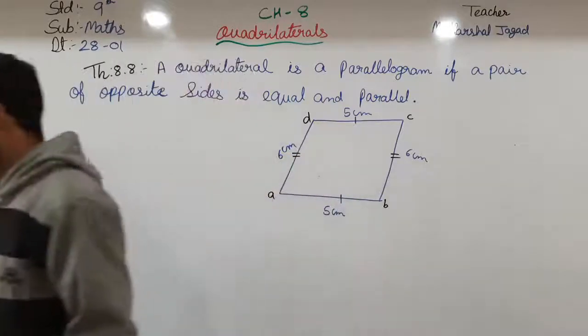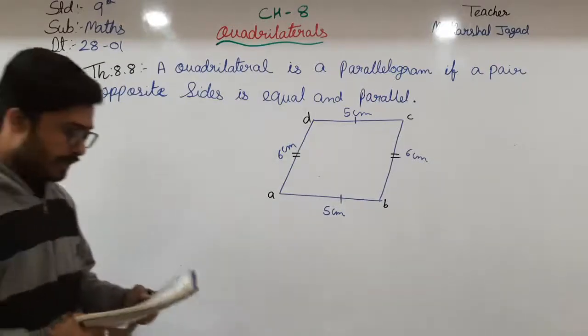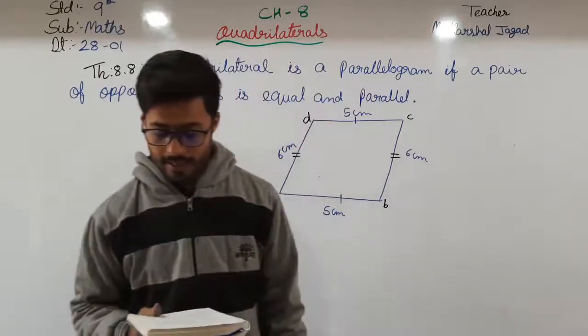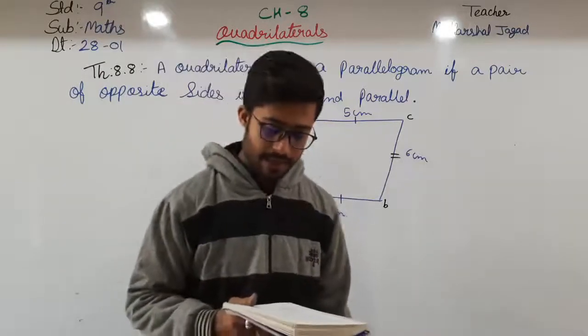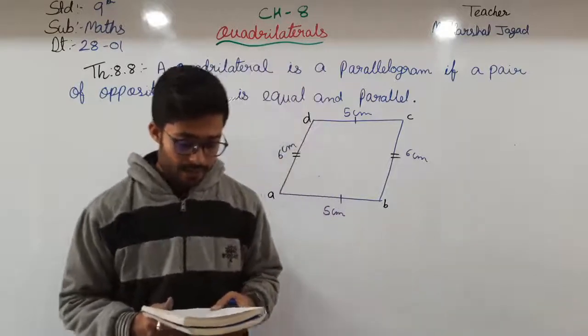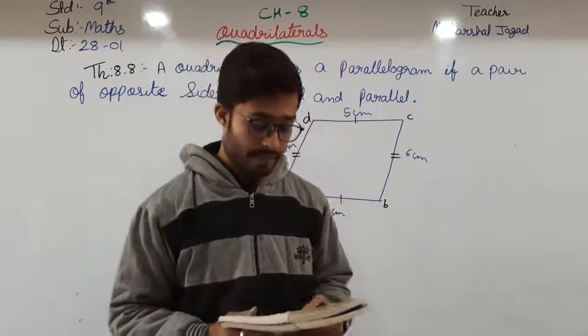See here the theory which is given over here, reading it again: a quadrilateral is a parallelogram if a pair of opposite sides is equal and parallel. Here it is proven by the SAS, side-angle-side theorem.